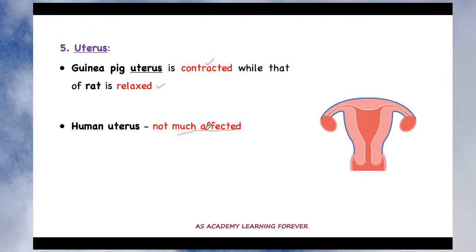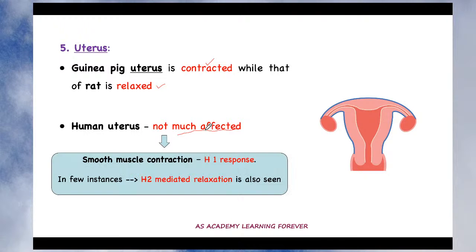Somewhere it produces uterine contraction, somewhere it produces uterine relaxation, whereas in some uterus, why does it not produce much effect? To understand this, we must know which histaminergic receptor is responsible for contraction and which is responsible for relaxation. The effect produced in different uterine preparations depends upon which receptor is predominantly present in that particular animal.